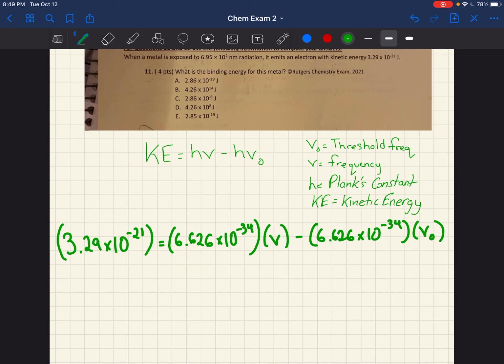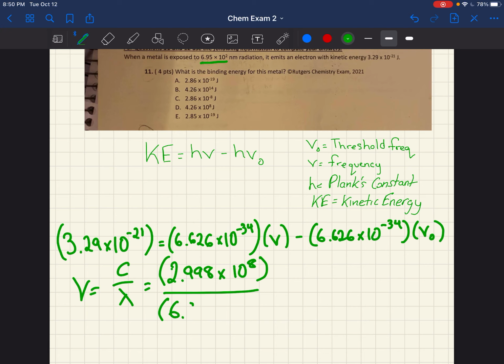And so how are we going to find V? Well, they've actually given you your wavelength. So to find V, an easy way would be the speed of light over lambda. You know that that's going to be 2.998 times 10 to the 8th over, since it's nanometers, you've got to make sure you convert it to meters, so it should be something like 10 to the negative 7.